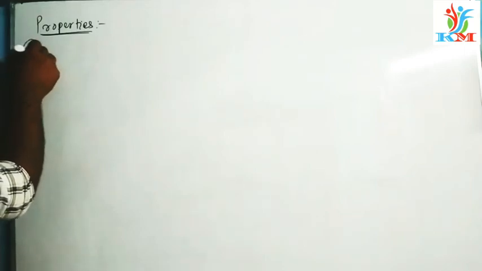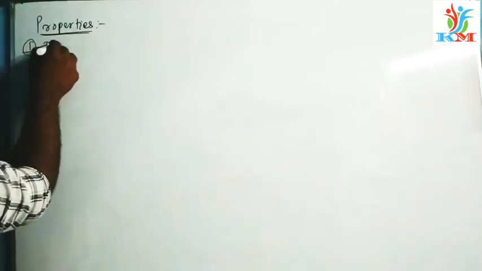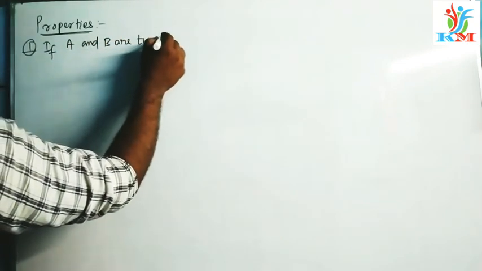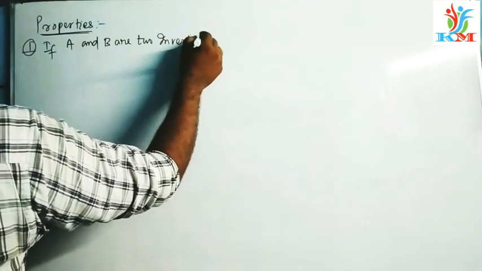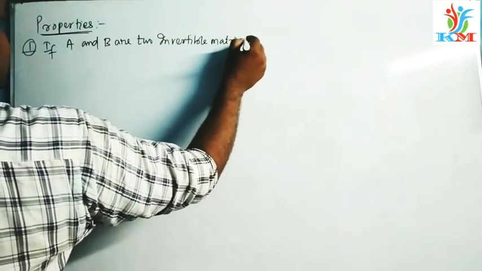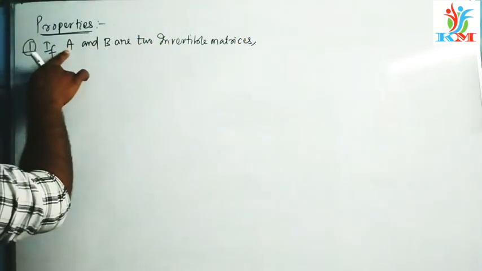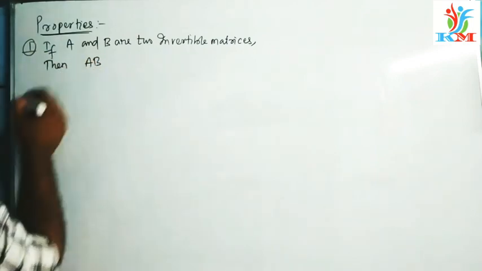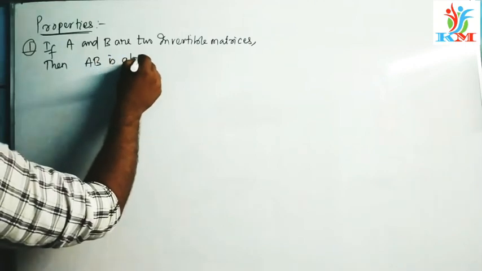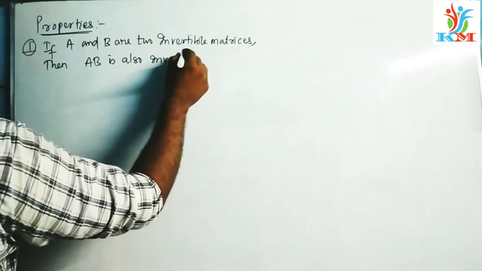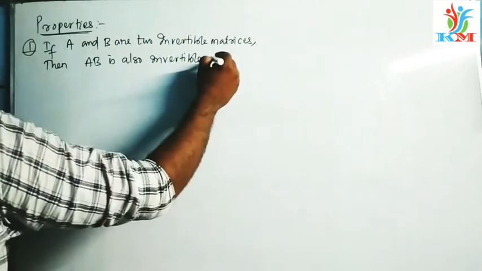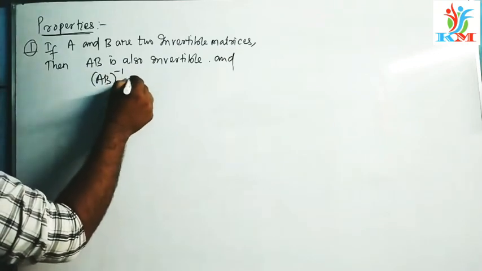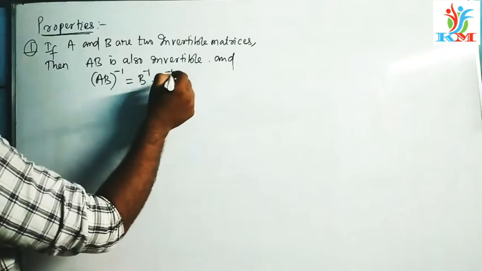Okay, first one is, if A and B are two invertible matrices, that means the inverses of both A and B exist, then the matrix AB is also invertible and the inverse of the product AB is equal to B inverse into A inverse.